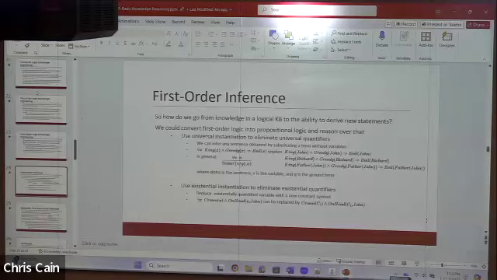So here's universal instantiation and existential instantiation. This was part of being able to derive anything in first order logic, where we need the ability to take a universal quantifier and unify it with an existing entity. For all x, if x is a king and x is greedy, it implies x is evil.